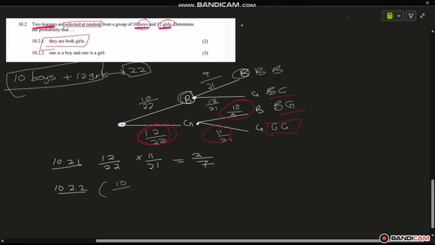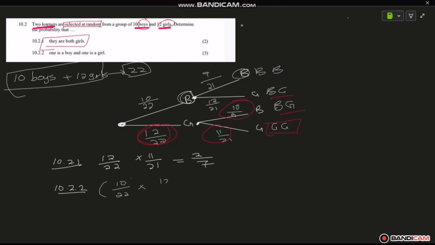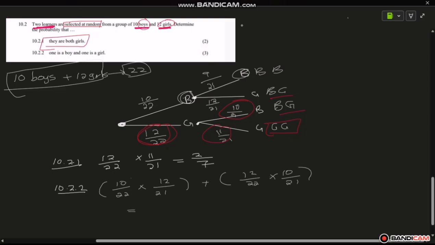Alright, so it's going to be 10 over 22 times 12 over 21. Then we add them with the other BG, which is 12 over 22 times 10 over 21. Then your answer will be 40 over 77. You can write it in decimal form if you like.